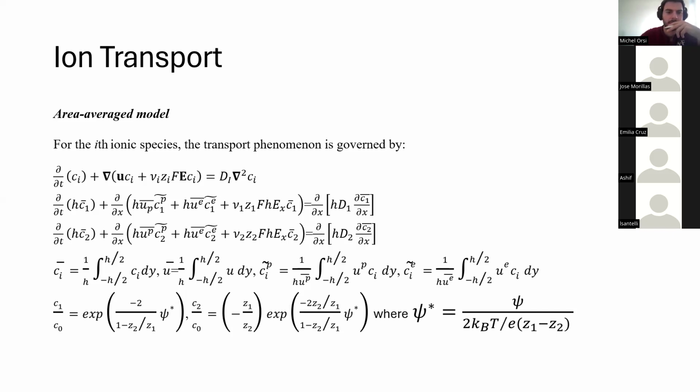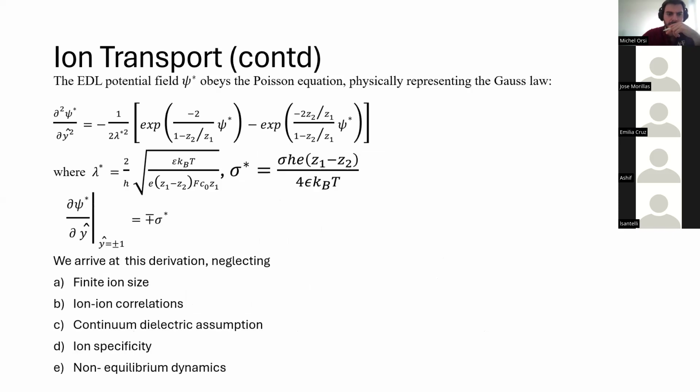The ionic potential field obeys the Poisson-Boltzmann equation, physically represented by Gauss's law, which is given by this equation, where lambda is the Debye length and sigma star is the normalized surface charge. This is the normalized boundary condition, where psi star is the potential, and this is related to the surface charge.